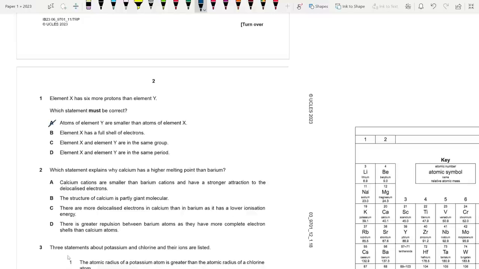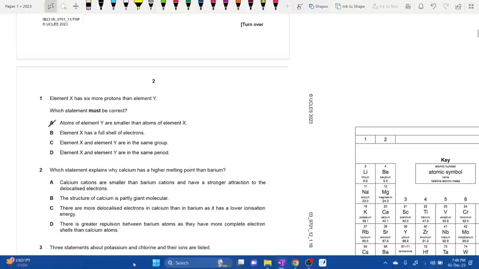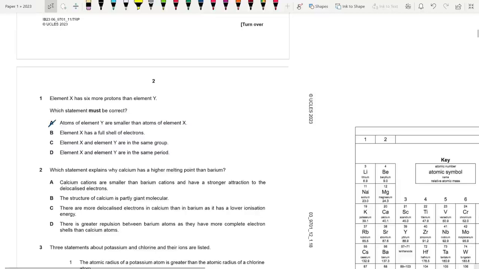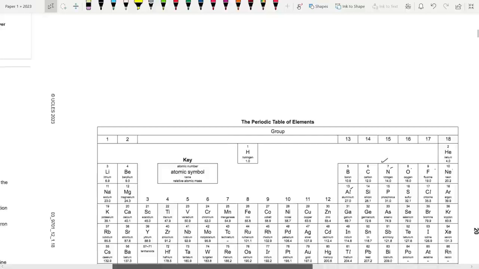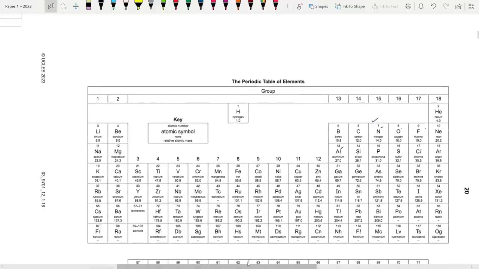B, element X has a full shell of electrons. X has 6 more protons than element Y, okay? So for example, if we talk about nitrogen, 6 more is aluminium. Aluminium does have 2 full shells of electrons, okay? 1s2, 2s2, 2p6. Okay, well, what if we talk about lithium?